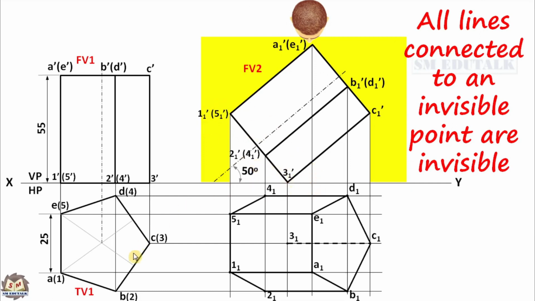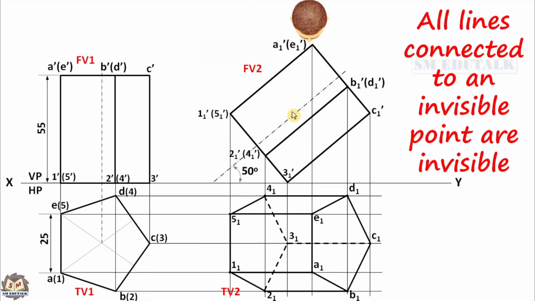So coming to the stage 1's top view, and here you can see the point 3, and 3 is connected to 4 and 3 is connected to 2, but the point 3 is not connected to 5 and 1. So join 3 and 4 by a dotted line in this top view, and join 3 and 2 by a dotted line in this top view. This is the required top view in stage 2.